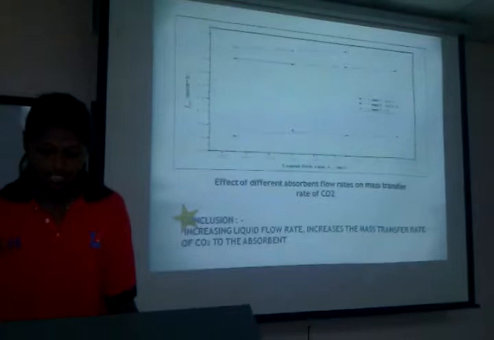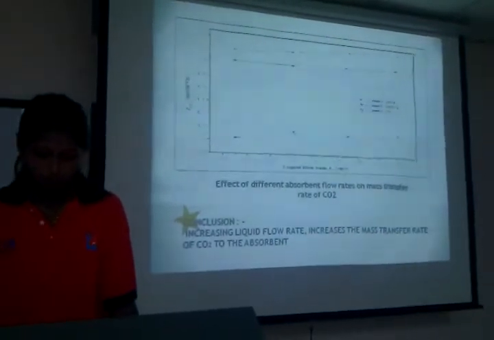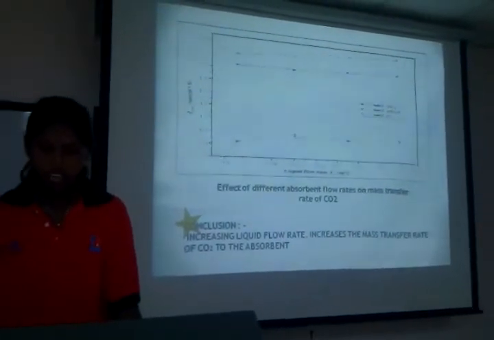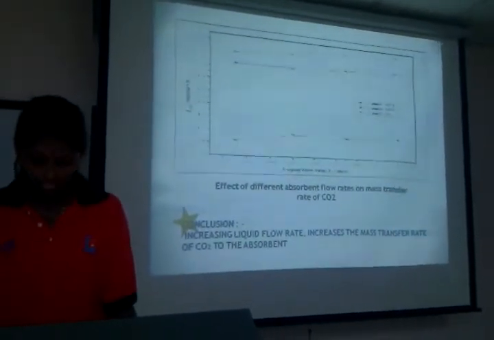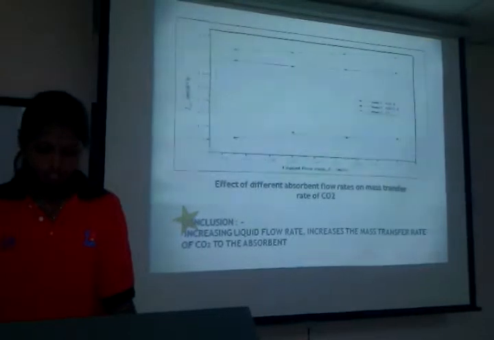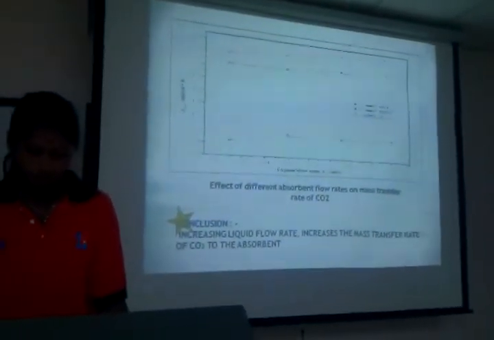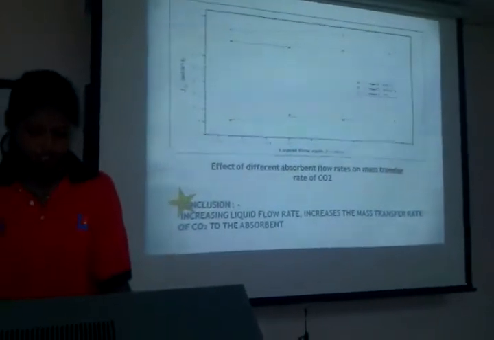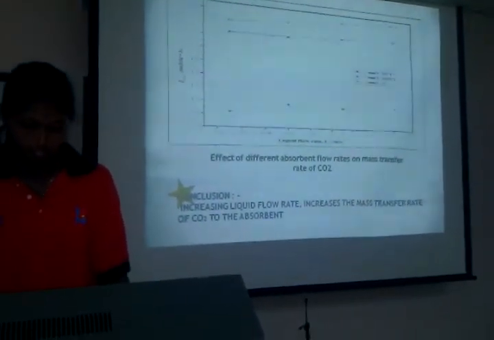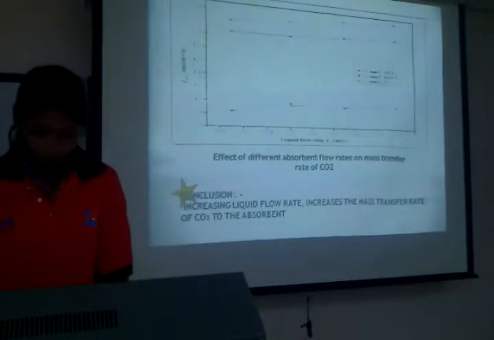In the second case, 3 types of absorbent are used: Pg, MEA, and DEA. The result shows that the mass transfer of CO2 increased with the flow rate of absorbents, particularly the Pg solution appeared to be the best among them.